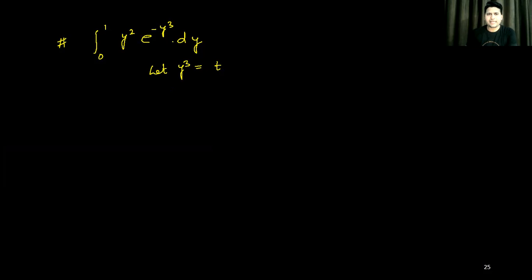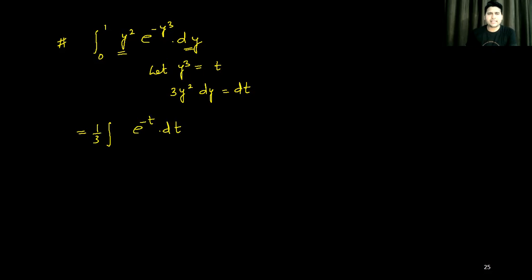Then what will I get? I will get 3y square into dy is equal to dt. Then y square into dy will be dt over 3. So 1 upon 3 can be taken outside, and this will be e to the power minus t into dt.